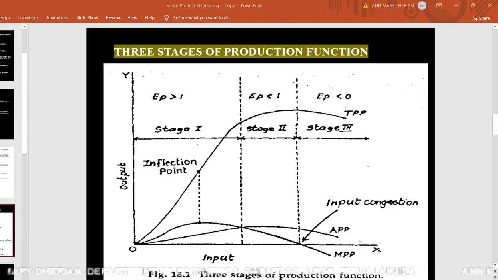Till the inflection point, total physical product increases at an increasing rate, and after the inflection point, total physical product increases at a decreasing rate. So in stage 1, we can say that APP is increasing and TPP is also increasing.